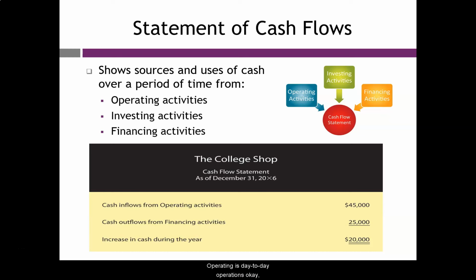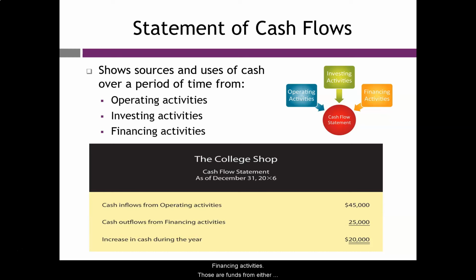Operating, day-to-day operations, okay? Buying and selling goods and services. Investing, that's more the long-term assets you need to run your business. So if you bought property or plant or equipment, those are investing activities. And then finally, financing activities.